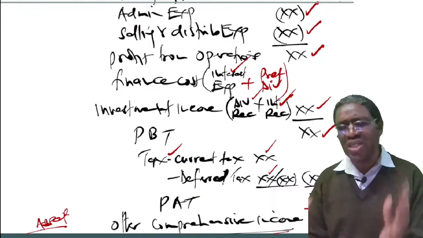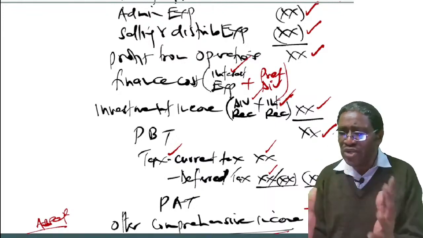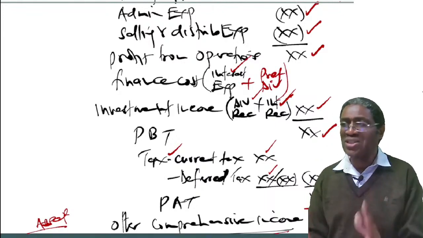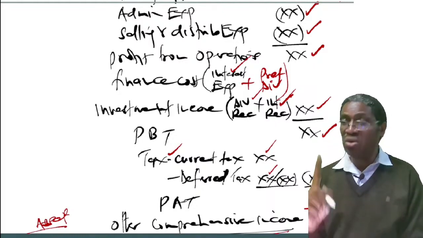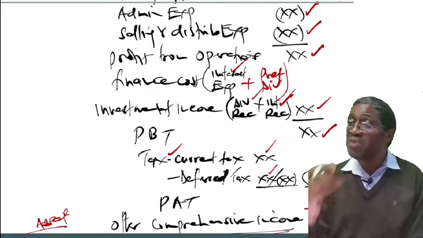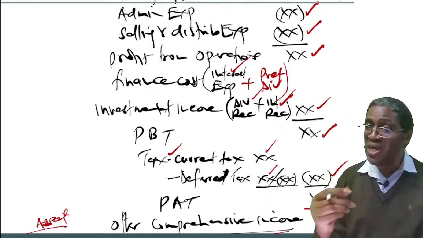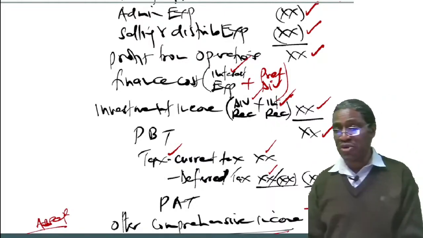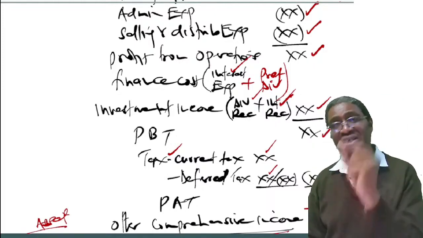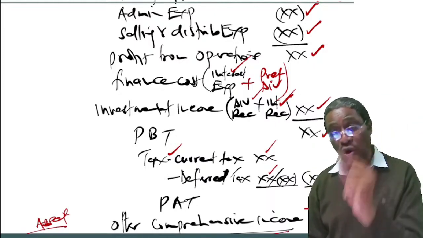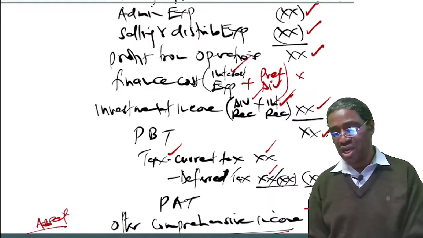But not just any dividend. On which kind of dividend? On redeemable preference share. I hope you are following. The 2 million dividend we paid on redeemable preference share should be classified as a finance cost.